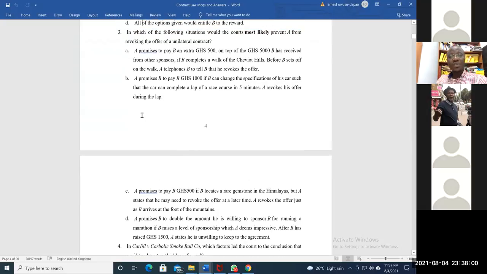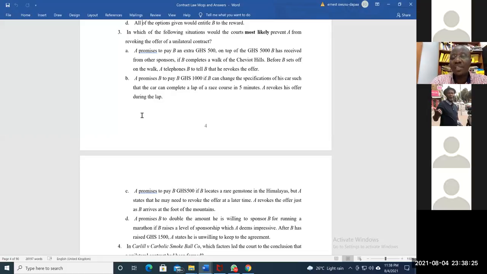In which of the following situations will the court most likely prevent A from revoking the offer of a unilateral contract? A: A promises to pay B an extra 500 cedis on top of the 5,000 B has received from other sponsors, if B completes a walk of the Chivalry Hills. B sets off on the walk.